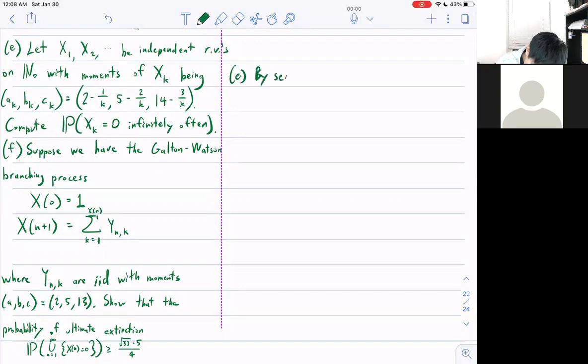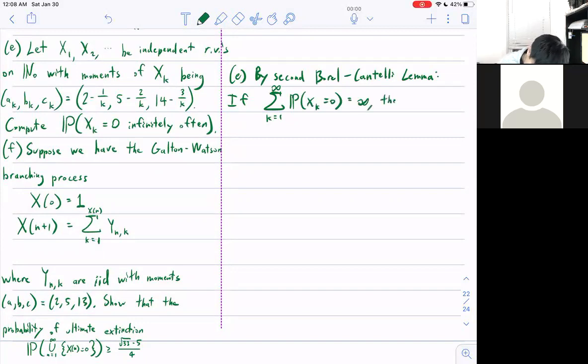By the second Borel-Cantelli lemma, if the actual sum of all these probabilities right here, not with the infinitely often inside of it, equals infinity, then the probability of this actual event happening infinitely often, which I would abbreviate as IO, equals 1.